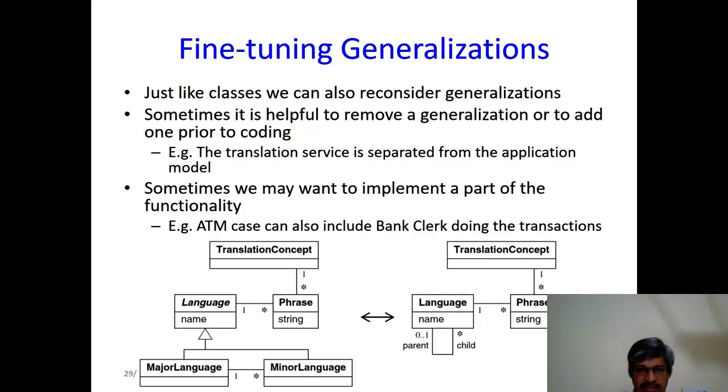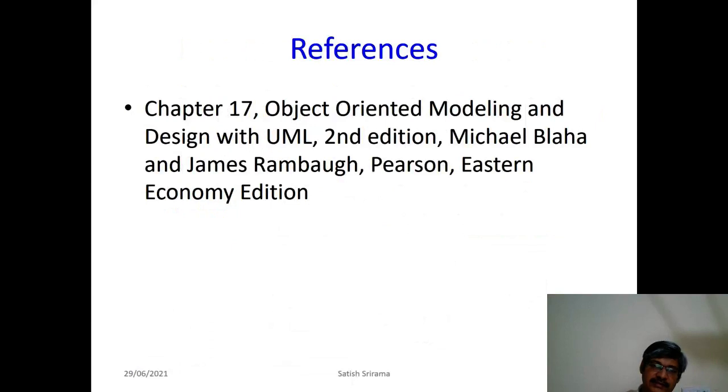Because in the design stage, we also discussed that it may happen, for example, that you want to release a part of the features to capture the market quickly, or due to some other reason. So at the implementation also, such criticality may appear, and you may have to do that. Even in such a case, you will be fine tuning the generalizations. That's about fine tuning the classes and the generalizations.